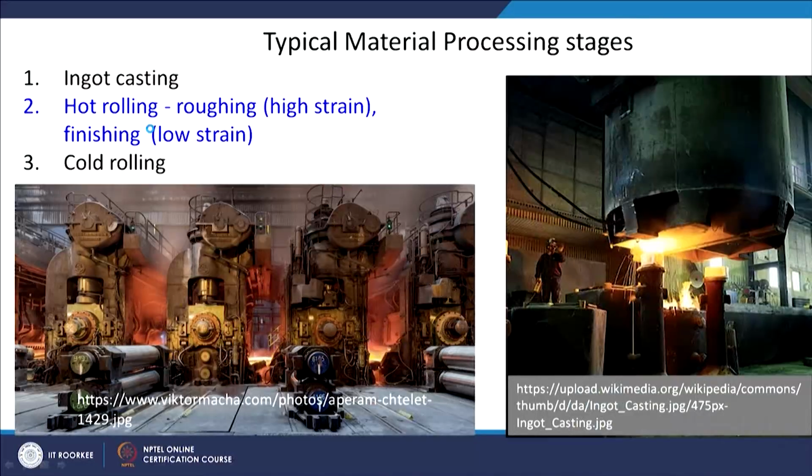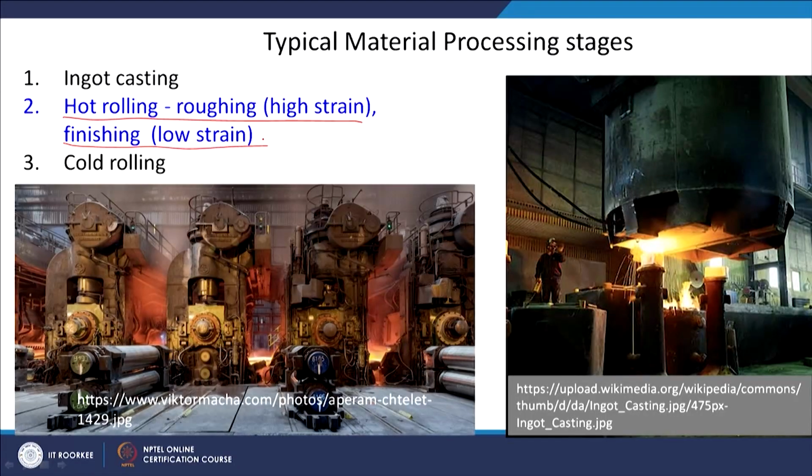processed further. For example, there can be a hot rolling process, where initial processing will be what we call roughing, and in that you will be imposing higher strain in the material, and this will be done at higher temperature obviously.